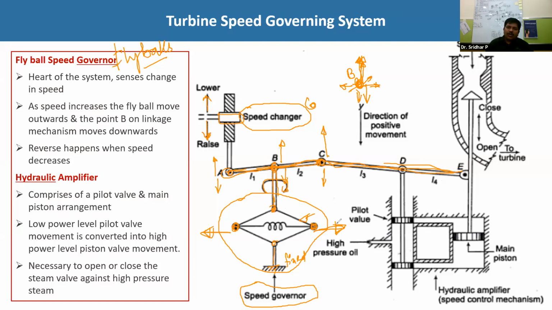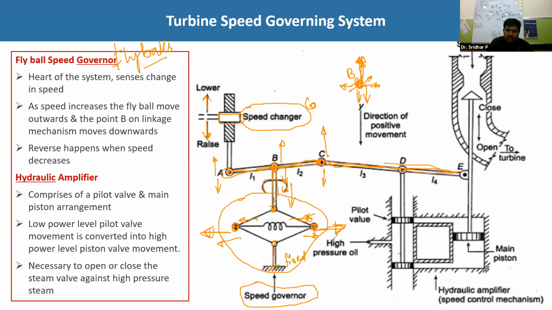Suppose the balls move away whenever the speed increases. Then whenever these two balls move away, this total section will be pulled in the downward direction. Yes or no? Yes. Yesterday also we discussed this with the help of the video. Whenever the speed increases, these two balls will be pulled completely away.